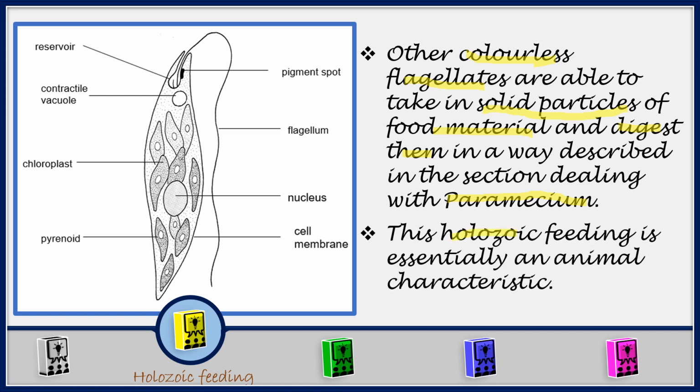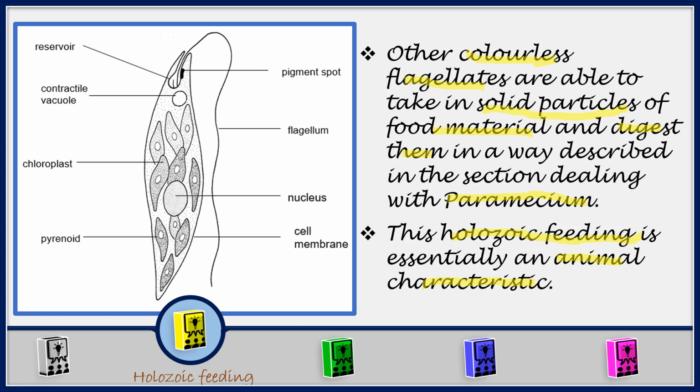This holozoic feeding is essentially an animal characteristic. So you can see now that some of these flagellates are behaving like plants. Those which have chloroplast and chlorophyll carry out photosynthesis, so they are behaving like plants.